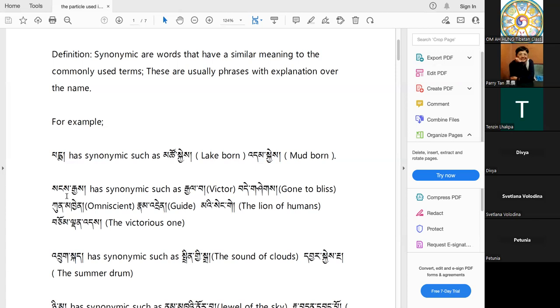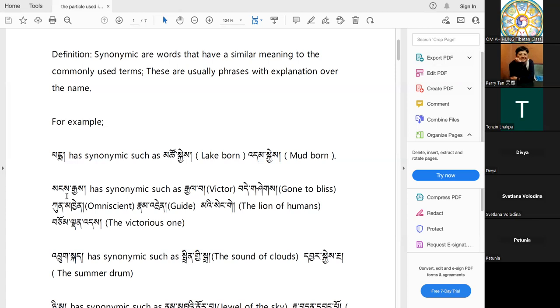Just like the roar of the lion silences all the unnecessary sound in the jungle when he passes, and lets the other animals know of his magnificence, similarly the roar of the speech of truth of Buddha. So the lion of men, or lion of humans. Then Chomdende, which means the victorious one, the one who has won the battle against ignorance.